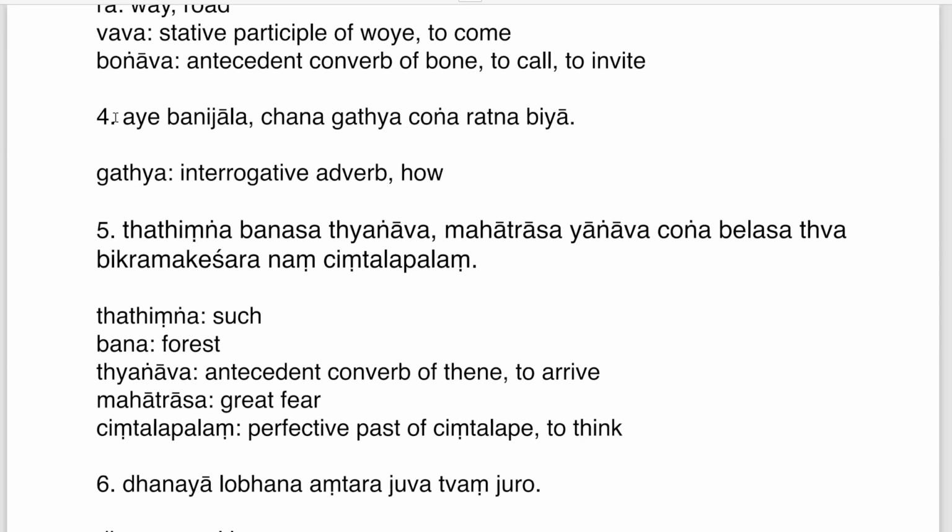Did you give away the jewel, how, which exists in what way? Yeah, so gathe junga redana.